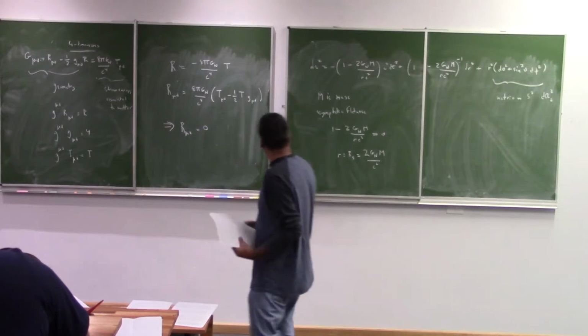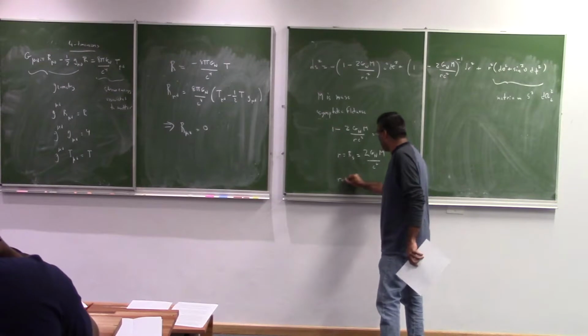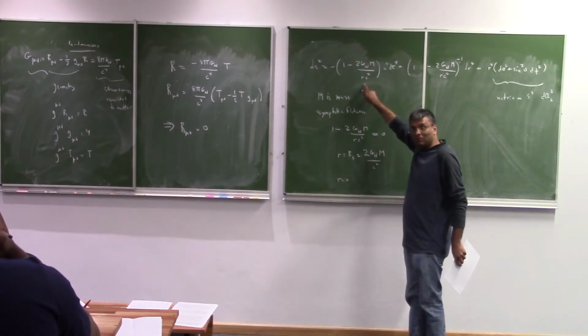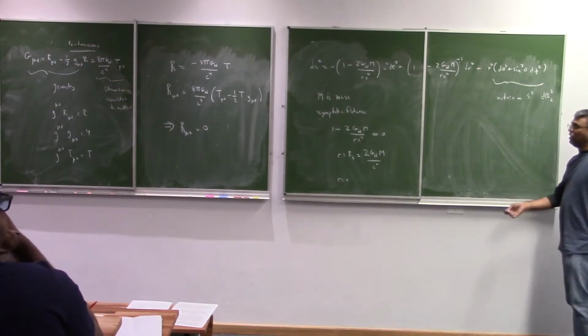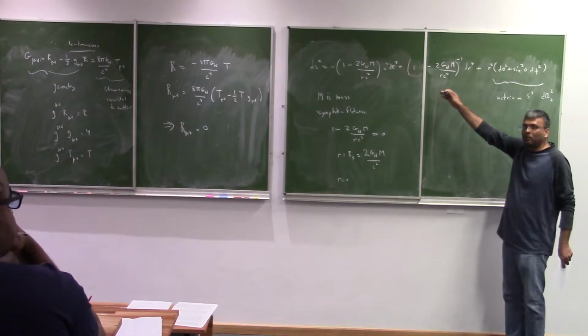Now, there's another place where this metric can go bad. This metric can potentially go bad as well at r equals 0 when this term blows up. Okay? So you want to consider the effect of these potential singularities that appear in this metric. I say singularity because something may be blowing up.